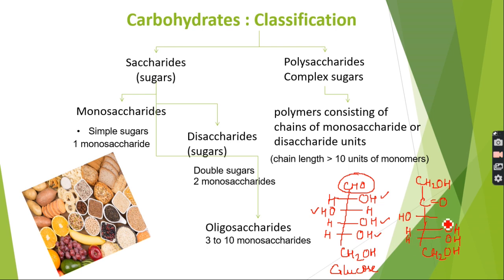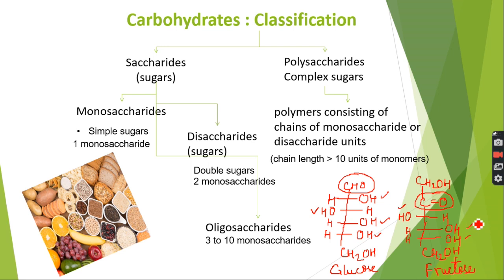On the other side it will be hydrogen, hydrogen, hydrogen. So again you can see several OH groups, polyhydroxyketone. So there is a ketone functional group, and this is the structure of fructose.